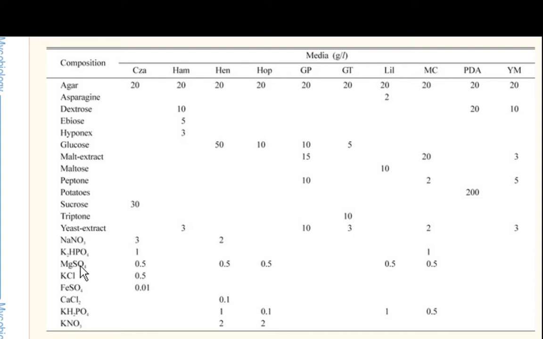There's possibly pH balance stuff in there, and some other nutrients. So that's CZA with sucrose, and with PDA there's only the dextrose.